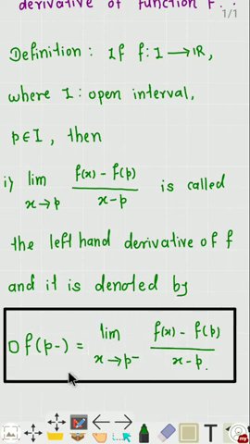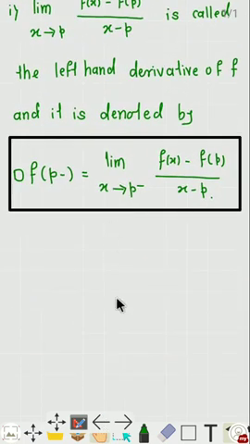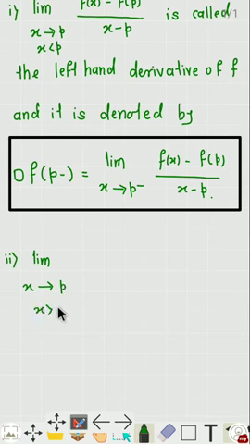So see the notation and definition. In this case x tends to p from the left hand side of p. Similarly we define the right hand derivative of a function. Here x is less than p in the left hand case, that is important, but in this case x is greater than p.